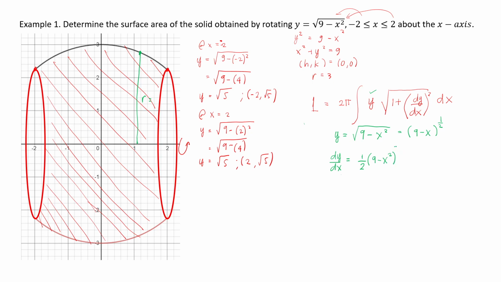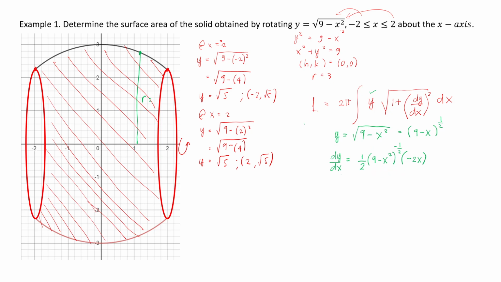Then this would give us now -1/2. Ba kay n minus 1 man ta? And then don't forget to derive what is inside the parenthesis, which is 0 minus 2x. So I hope that you know how to derive such equations. I think this one is chain rule siguro as per differentiation techniques.